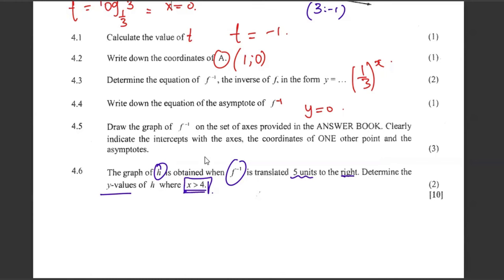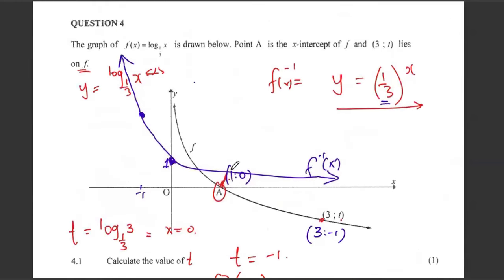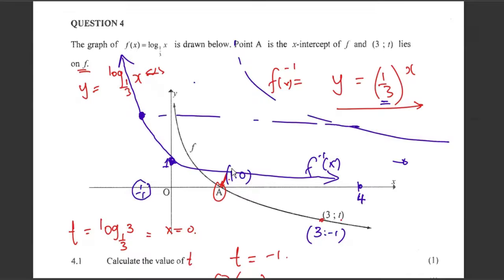If we move this graph 5 units to the right, this negative 1 here is going to be our present 4. Since it is moving horizontally, the y value must be maintained, so the new point will be 4 and 3.